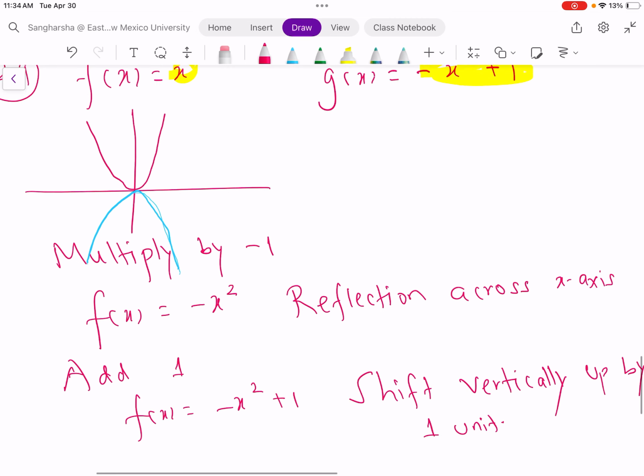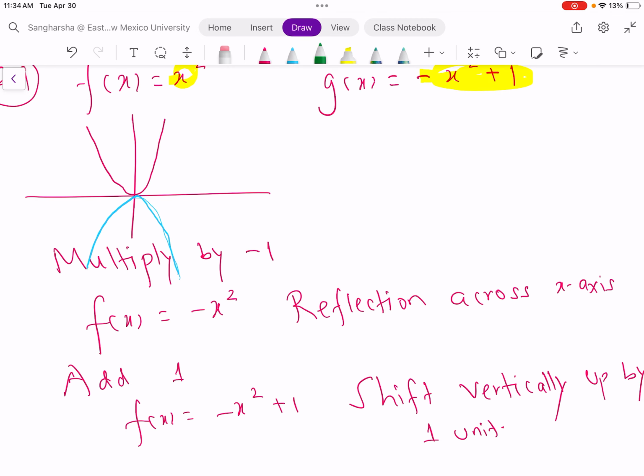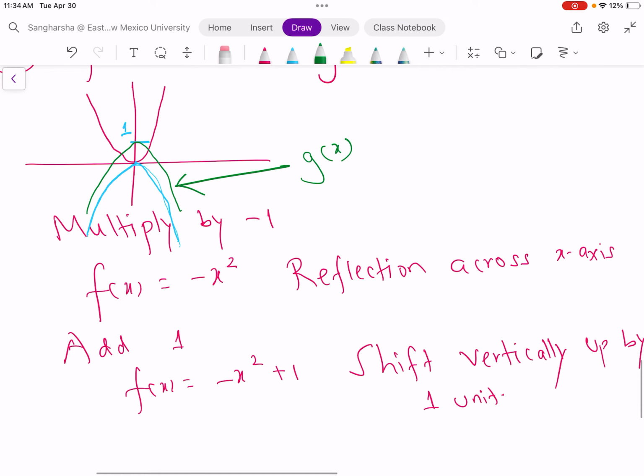Let's say our graph is at 0. Now let's shift up by 1, so we're going to have 1 here. This is the graph that we're going to get, and this is our g of x.